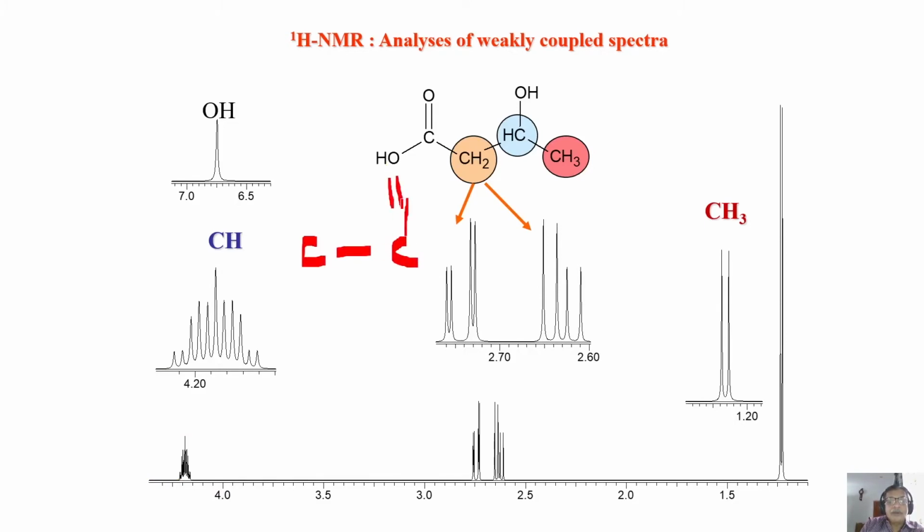We have this proton and this proton, and now we have to worry about these two protons. One of these protons, when it is coupled to this, in this configuration, is a trans configuration. It's a large coupling. I agree, it is a trans configuration with a large coupling. In addition to that, it experiences a geminal coupling.